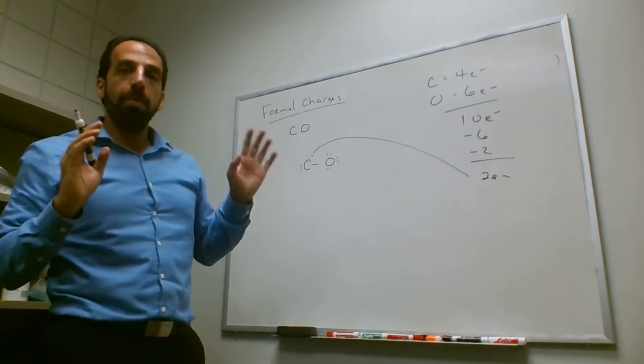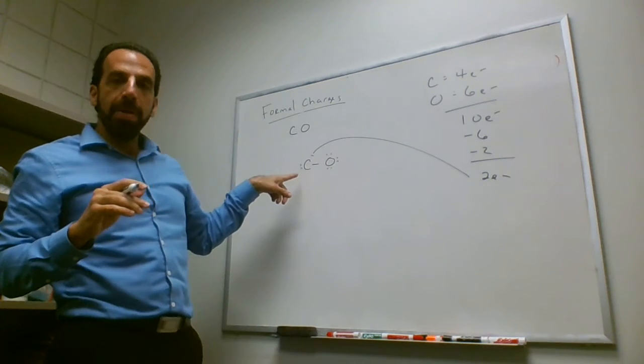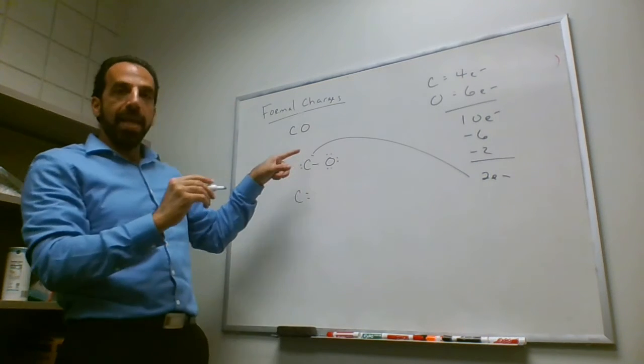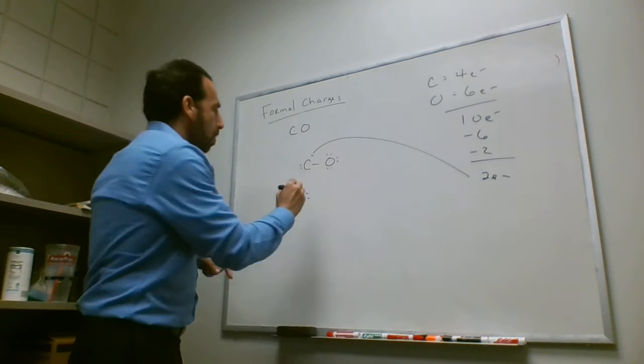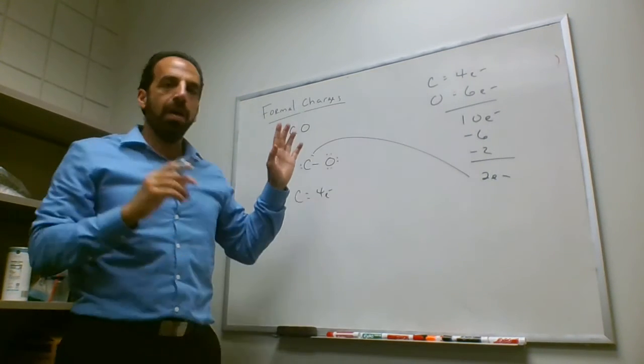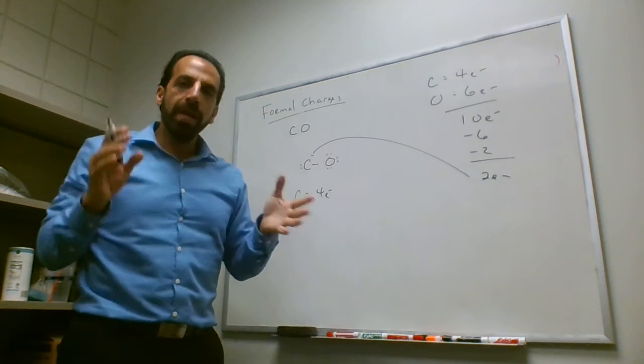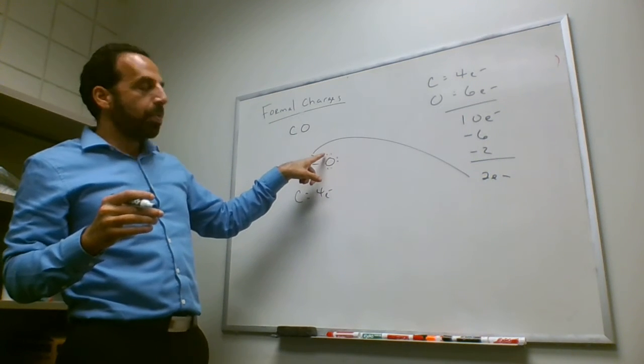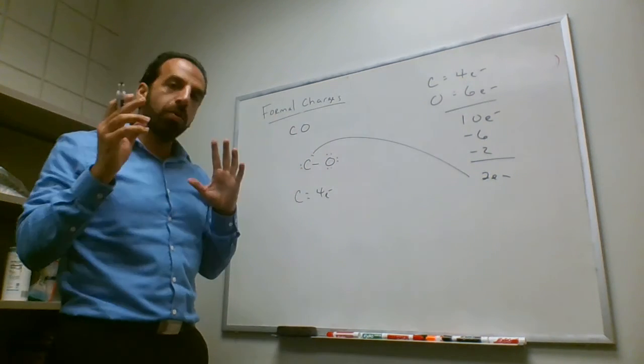Couple things now when I'm looking at it. Let's count up how many valence electrons carbon has. Carbon needs 8, but it only has 2, 4. Only 4 electrons around it. The only way for it to get 8 is really to make 2 more bonds between the oxygen and the carbon. So carbon is going to get a triple bond in this case.